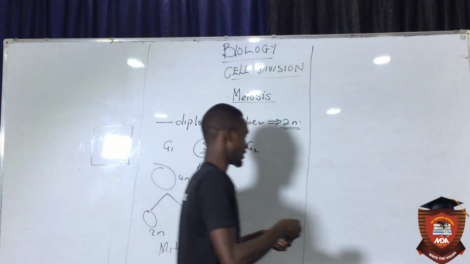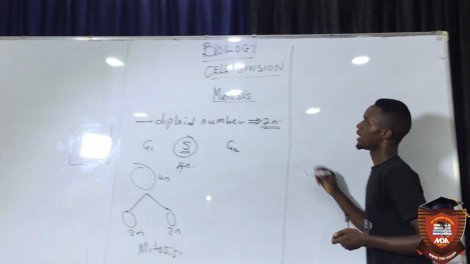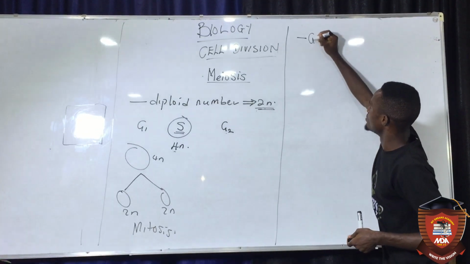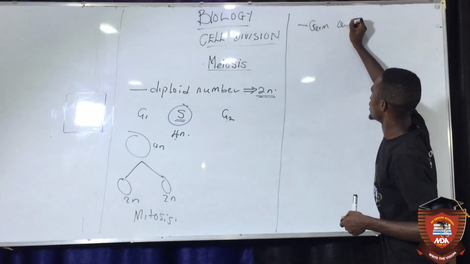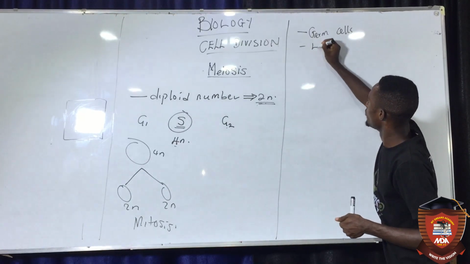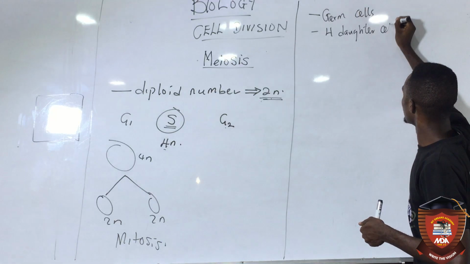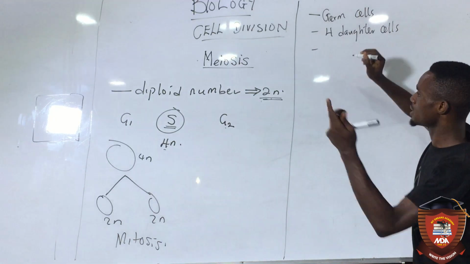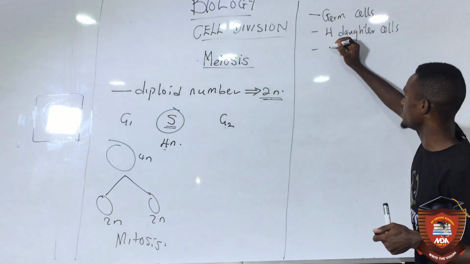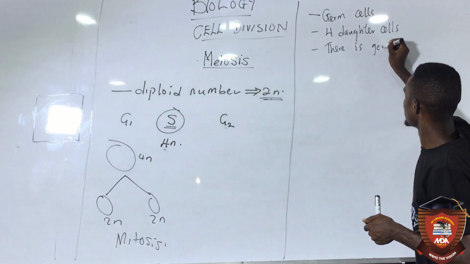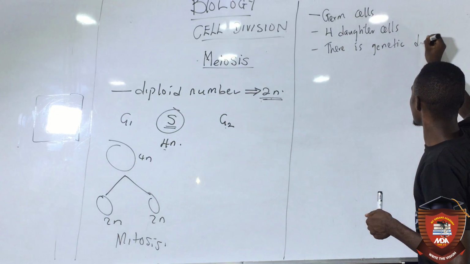Let's look at meiosis. I've already said that in meiosis, this occurs in germ cells. And you form 4 daughter cells. And I also said something about genetic diversity.